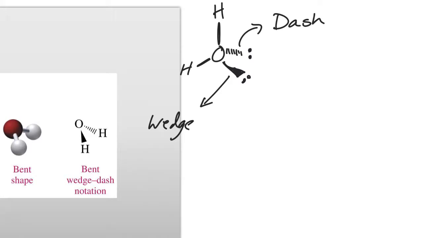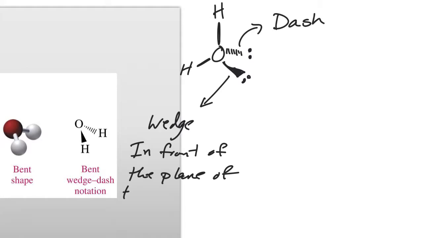The wedge is in front of the board, and the dash is behind.